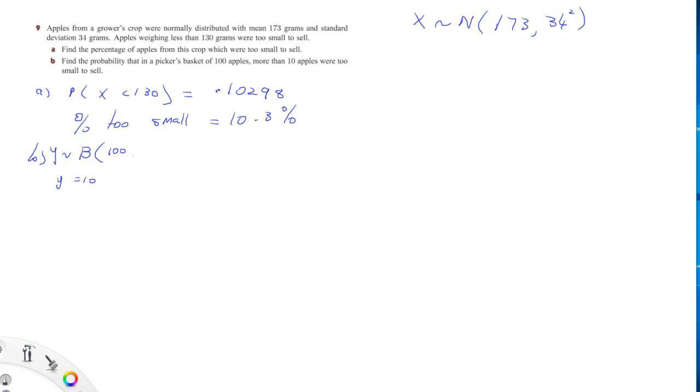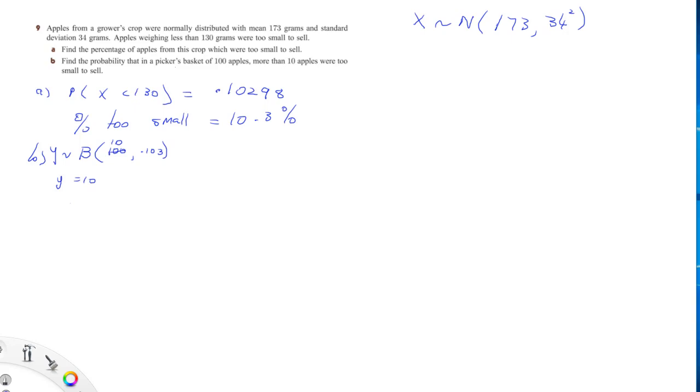Now the probability of success, we've got to work that out. So we've actually already worked out the probability. So we're going to have 10 apples out of 100, and the probability is 0.103 that the apples are smaller.